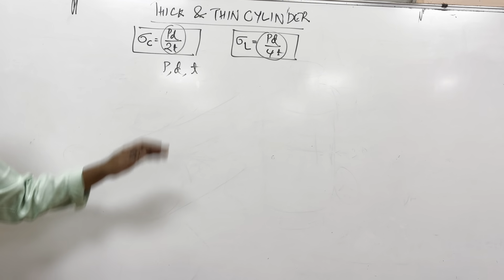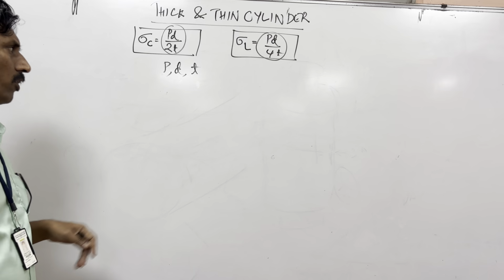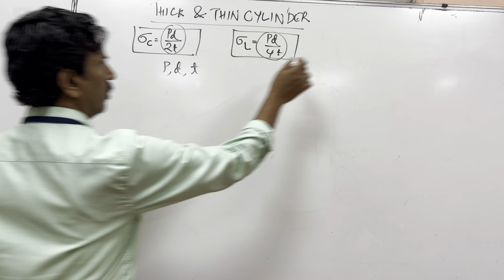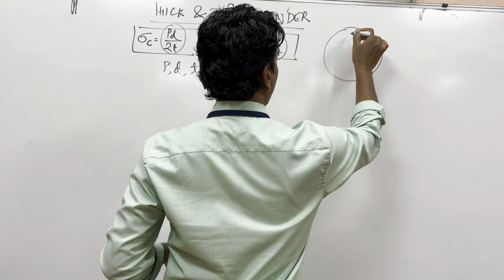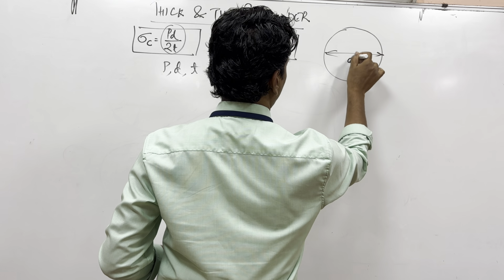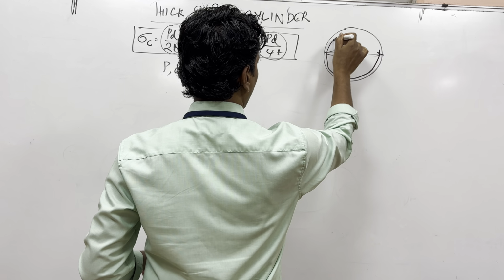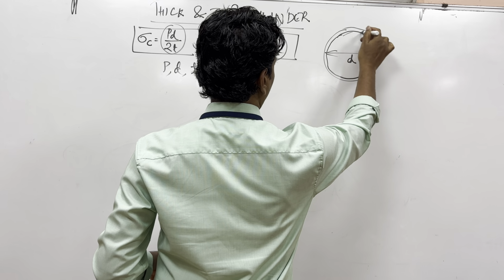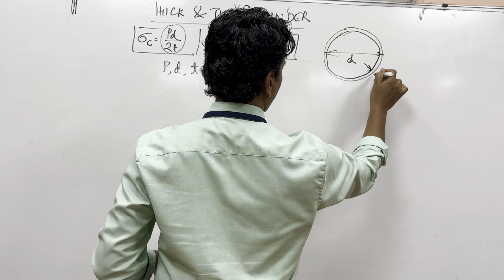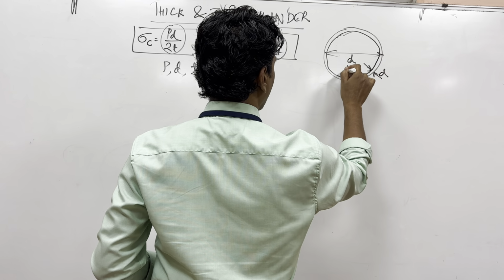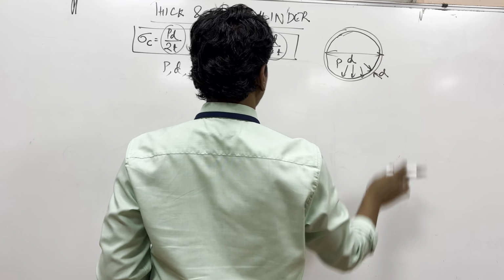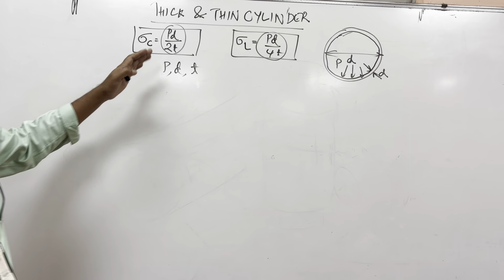Okay, so you are trying to derive these equations in terms of pressure inside the cylinder. So there is a cylinder like this whose diameter is d, and the thickness is t, and the pressure inside is P. In terms of this we need to derive.